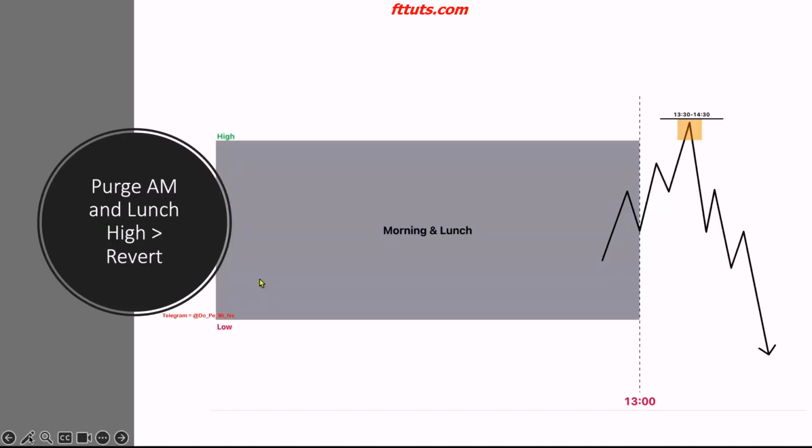If we take a look at the following scenario, we can see a purge of the AM and lunch high followed by a revert.